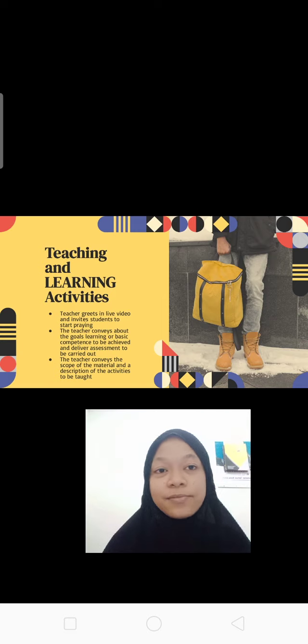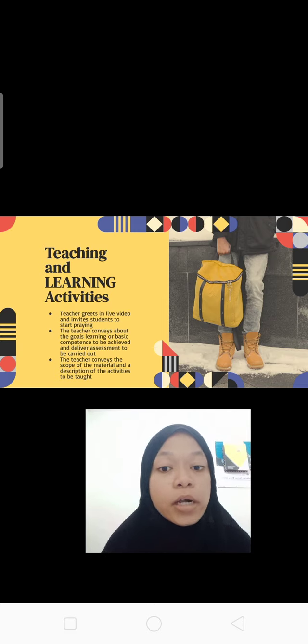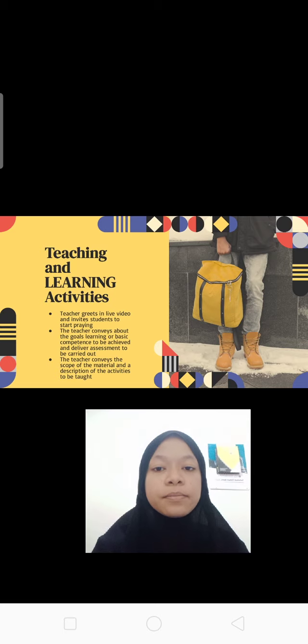Second, the teacher conveys the learning goals or basic competence to be achieved, and delivers the assessments to be carried out. Third, the teacher conveys the scope of the materials and the description of the activities to be taught.